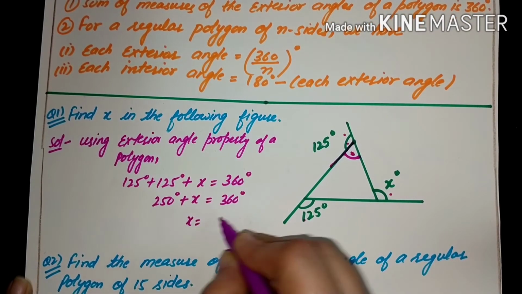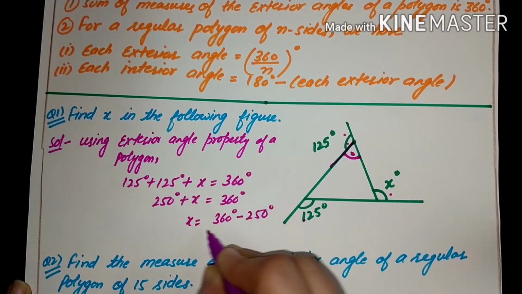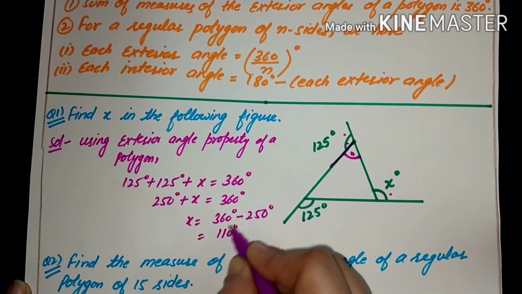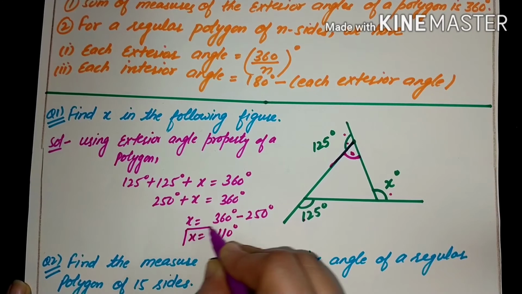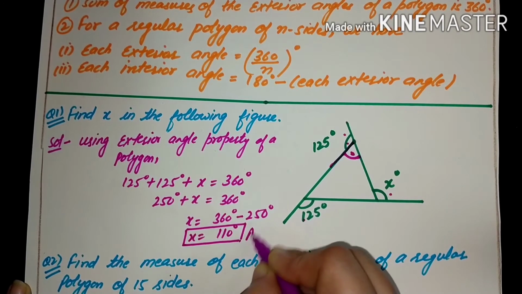So x will be equal to 360 degrees minus 250 degrees, that is equal to 110 degrees. So the value of the unknown x would be 110 degrees.